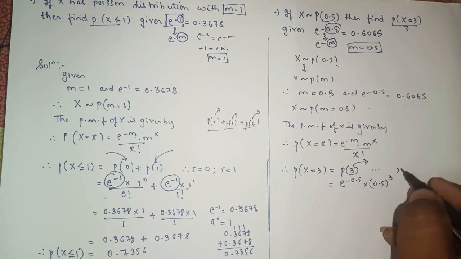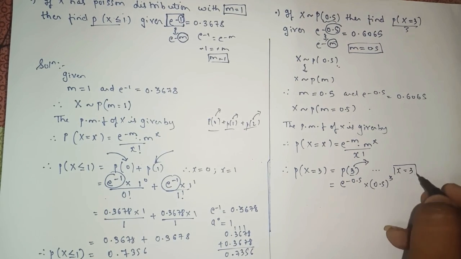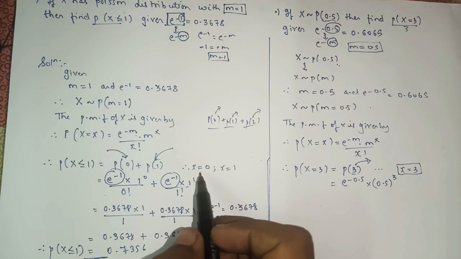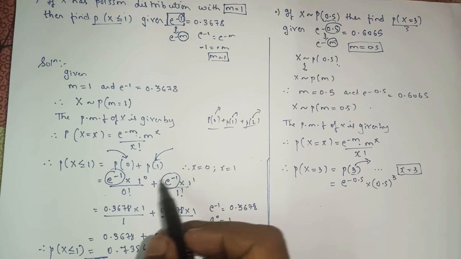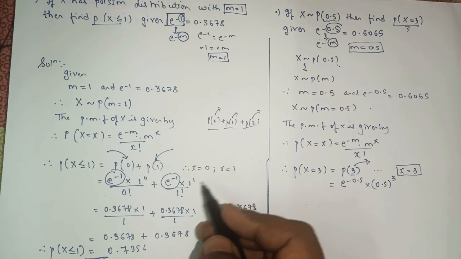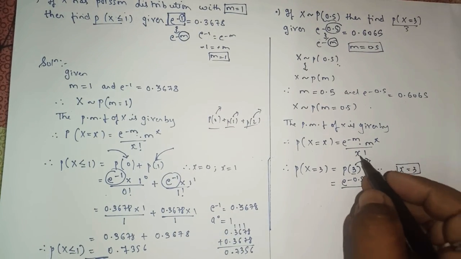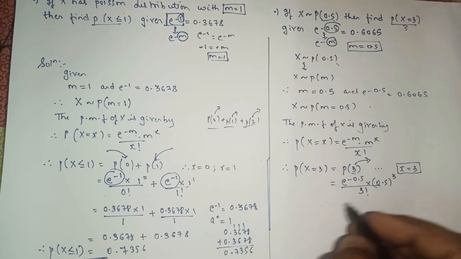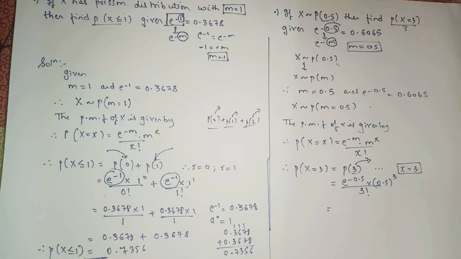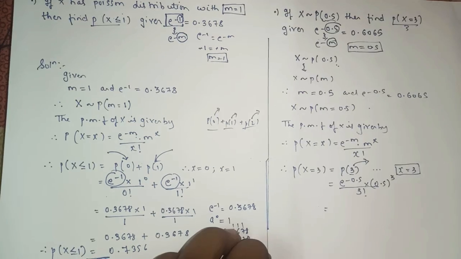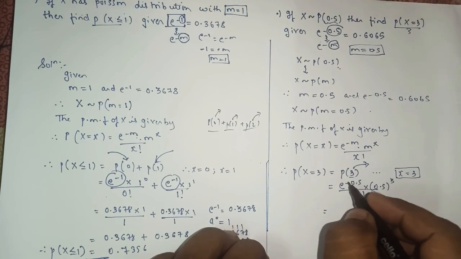So here the value of x is 3. In the first case it was 0 and in the second case it was 1. Upon x factorial, that means 3 factorial. Understood? So here we have the ready-made value for e raised to minus 0.5.